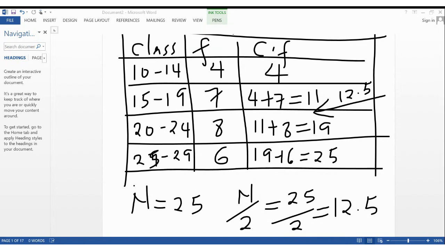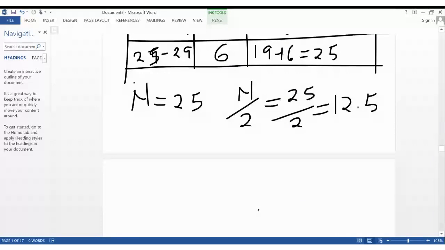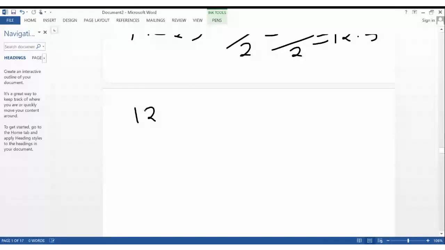So let's go back to the formula that I had given you before. We need the lower class boundary of 20 to 24. Since 12.5 falls in 20 to 24, can someone give me the lower class boundary for that one?